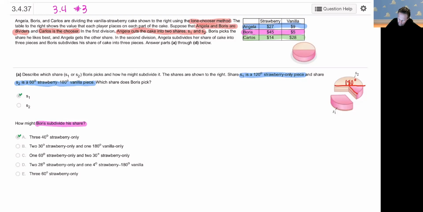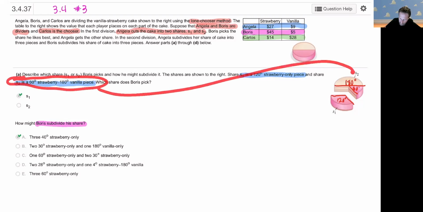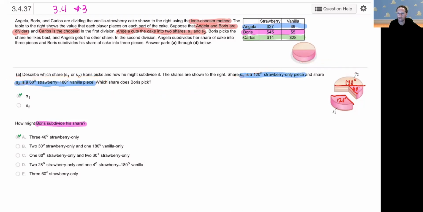What she decided to do was cut this 120-degree angle, so that leaves us with a 60-degree slice of the strawberry. That's how she cut it up, and you can see that here. The 120-degree strawberry piece we're calling S1, and then S2 is made up of that 60-degree strawberry piece and the 180-degree vanilla piece.